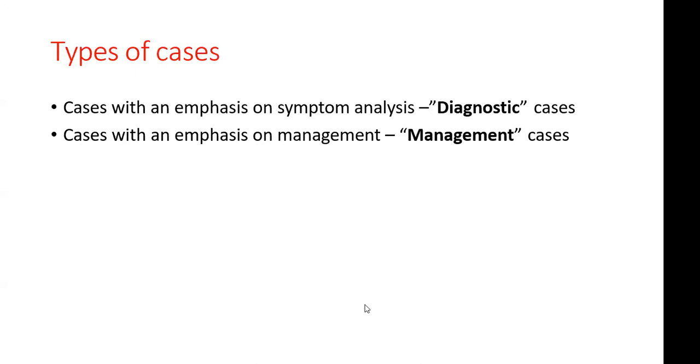So, for example, a patient comes with poorly controlled diabetes or some complication of diabetes. Here your focus in this particular case is to try to optimize the management of the patient, not to make a diagnosis. So these are the two types of cases that you will encounter when you go to the wards in your second appointment.